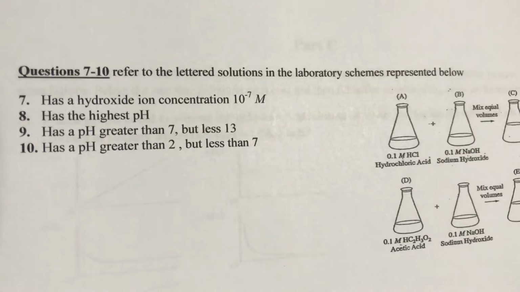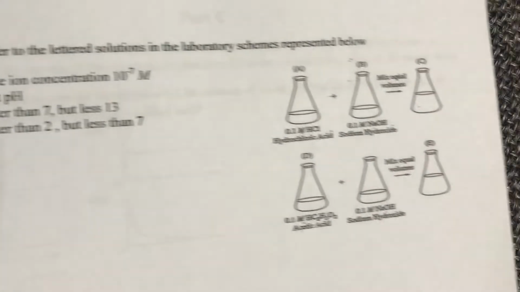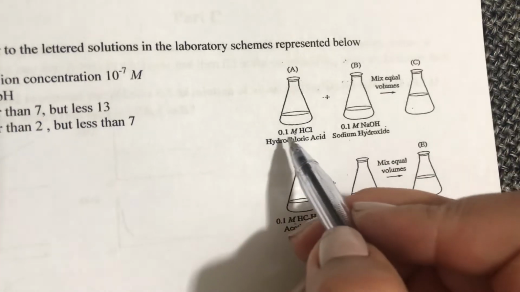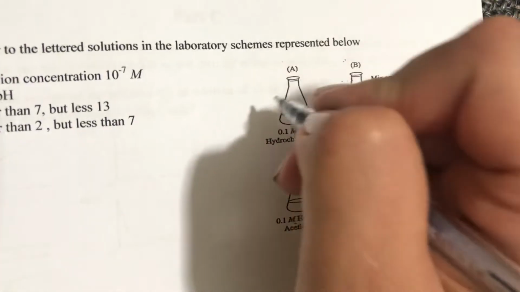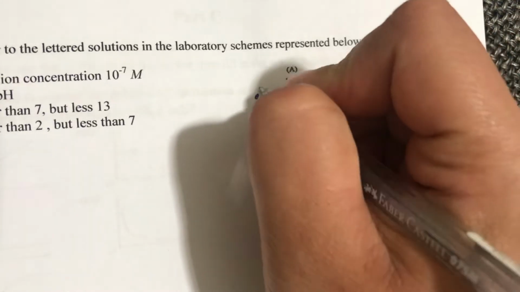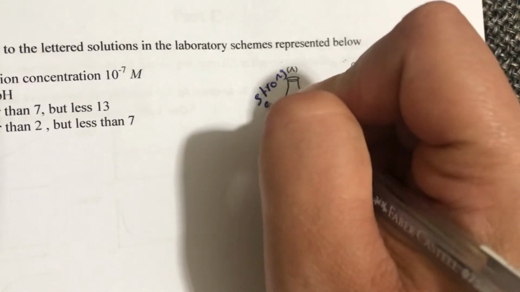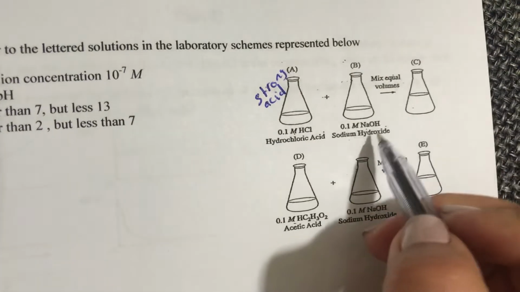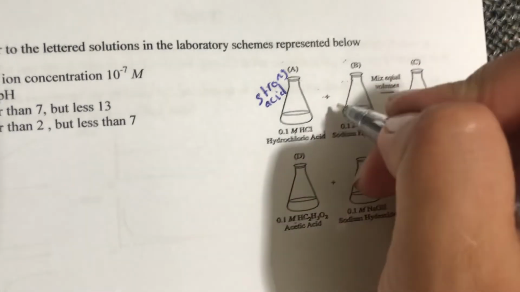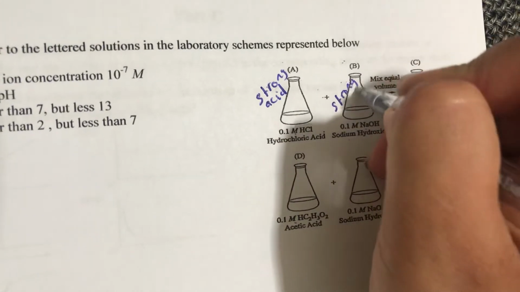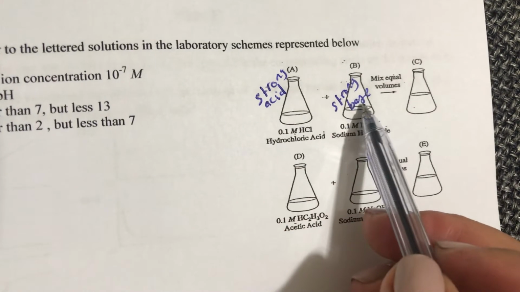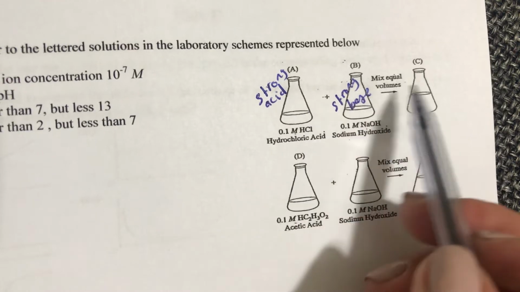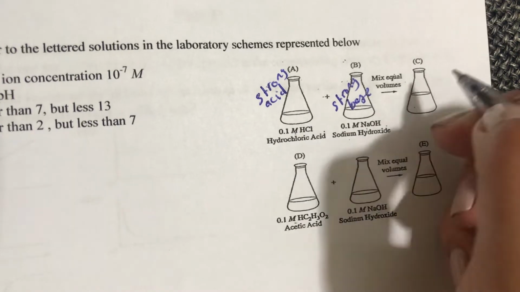Now question 7 to 10, you have solutions here. 0.1 molar HCl, hydrochloric acid, is a strong acid. And here you have sodium hydroxide, a strong base. So when you add strong acid to strong base, they neutralize each other. So solution C is neutral.